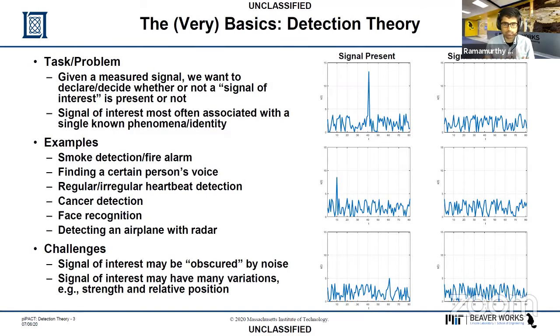Now, what are some challenges associated with this? Probably the most common challenge is that the signal of interest may be obscured or hidden, basically corrupted by noise, which I'll show some examples of on the right shortly. And also that the signal of interest does not have just one manifestation. It does not present itself in only one way.